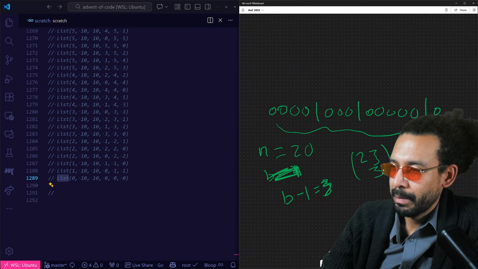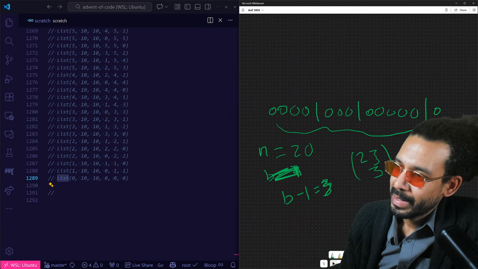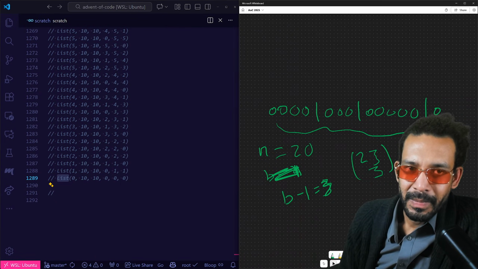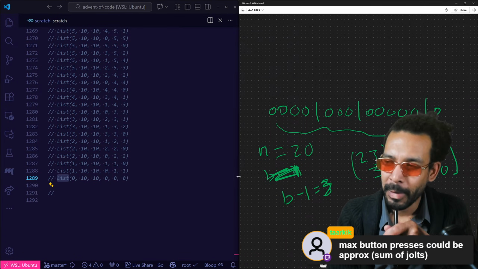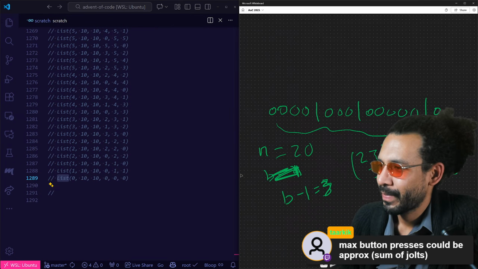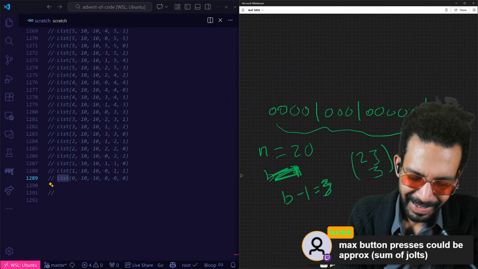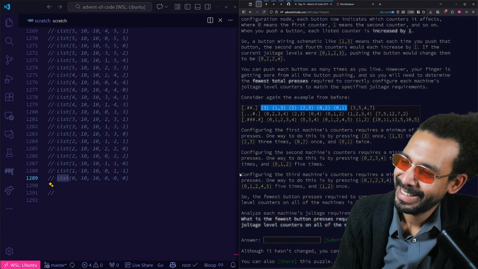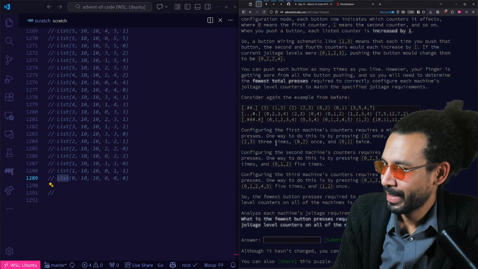But if we need that many boundaries, then this is getting very big because these are factorials, right? It was worse doing the math. I used to be a math kid. I shouldn't be so scared of doing the math before trying to code. It'd save me a lot of time.